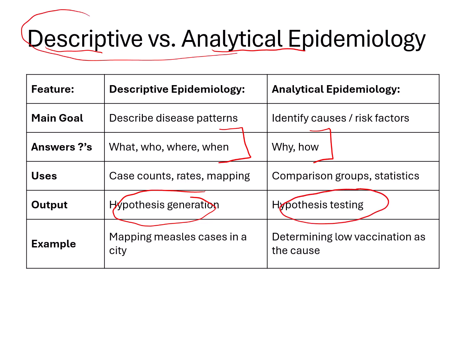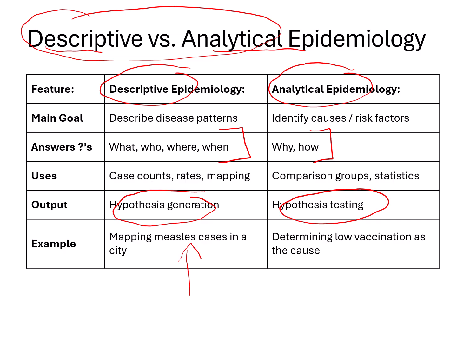Both of them, remember, are still observational studies. For our descriptive studies, this does not prove the cause. It only identifies patterns that need further investigation. Whereas in analytical epidemiology, we are testing hypotheses so we can determine the cause or risk factor.